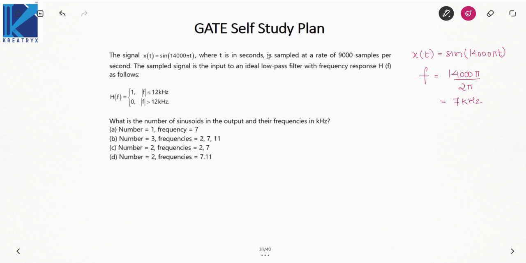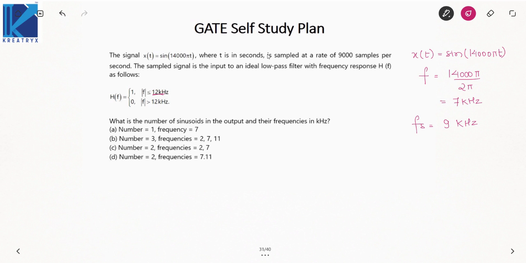It is sampled at a rate of 9,000 samples per second, or we can say the sampling frequency is 9 kilohertz. Now the sampled signal is input to an ideal low pass filter which passes frequencies up to 12 kilohertz. It is asking which frequencies will be passed.